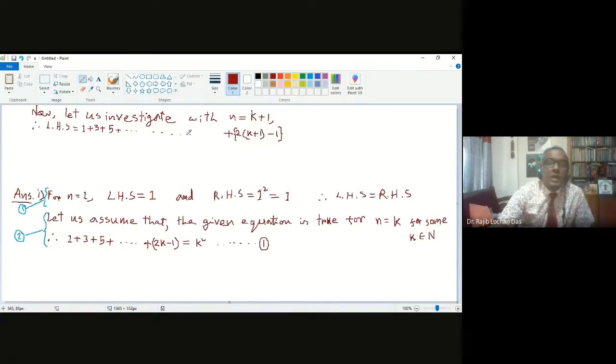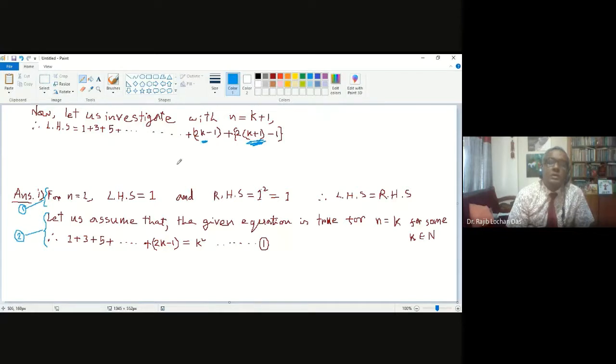But my point is not that. My target is that you think in a slightly different way. It will be 2 into k minus 1. Why k minus 1? Because for the last term we are putting n equal to k plus 1, so the term just before that will definitely be n equal to k.